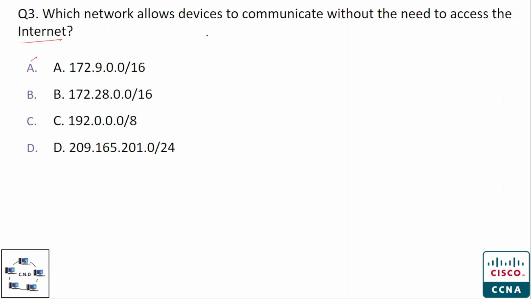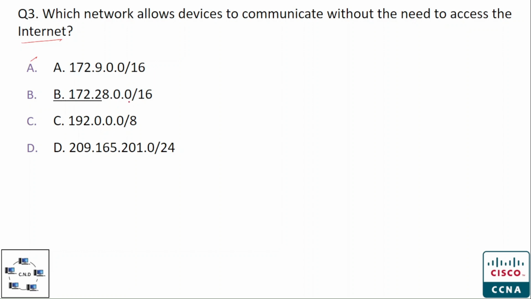So here we are talking about the private IP addresses that can be used without access to the internet, or they can be used on your local LAN or on your local network. So what is this range, or what are these IP addresses in this particular question?